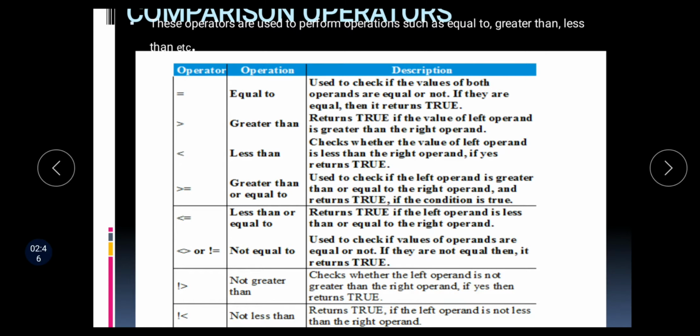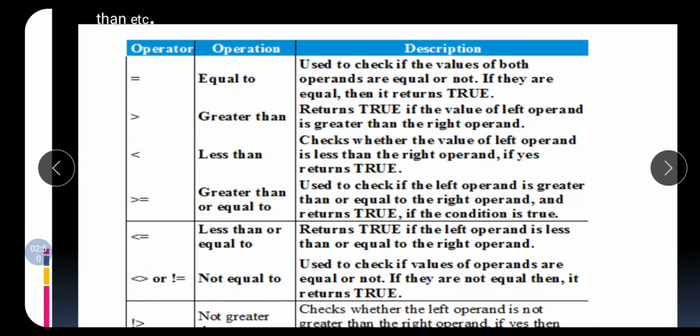Some of the examples are: equal sign, equal to, used to check if the value of both operands are equal or not. If they are equal, then it returns true. Next, greater than. Greater than returns true if the value of the left operand is greater than the right operand.